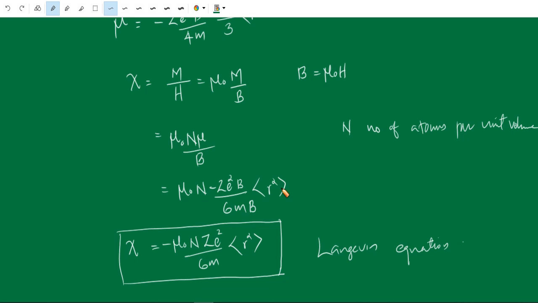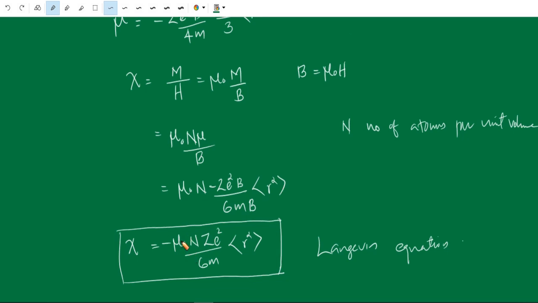Here mu 0 is the permeability of free space, n is the number of atoms per unit volume, Z is the atomic number of the atom, e is the charge of the electron, and m is the mass of the electron.